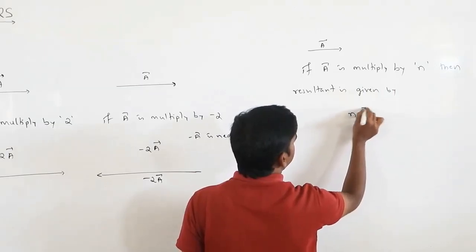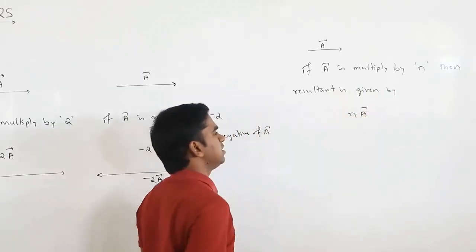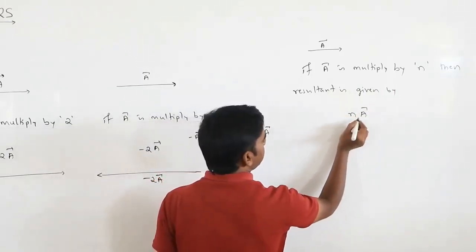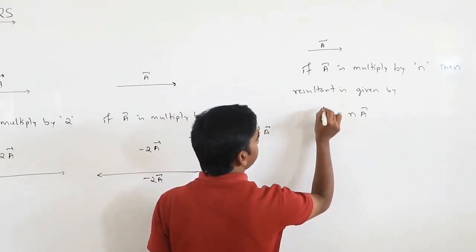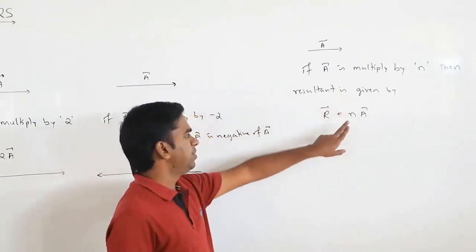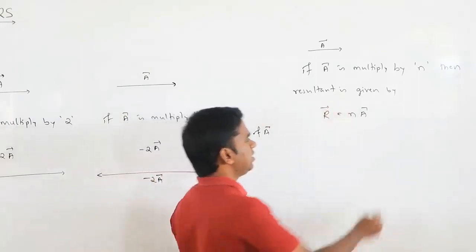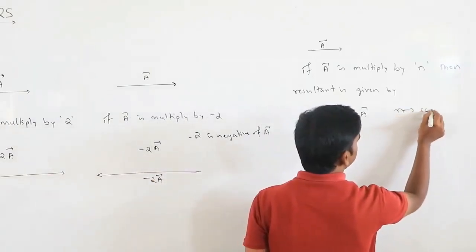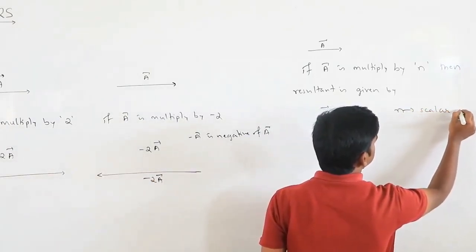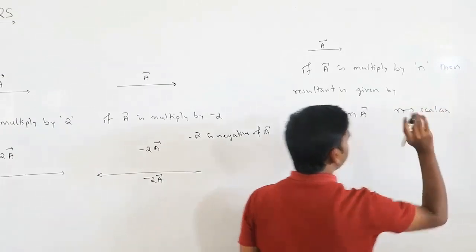This you have to remember. The resultant is denoted as r. So vector r will be n into a. Here n is nothing but a scalar quantity. Simply you can say scalar.